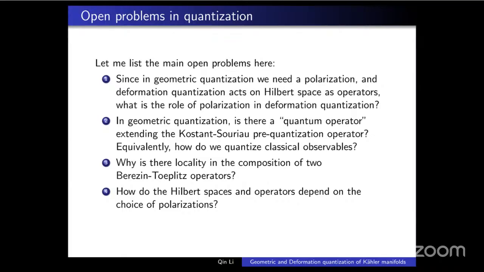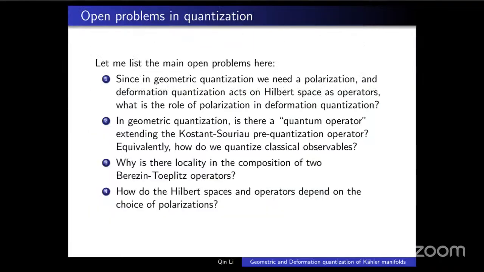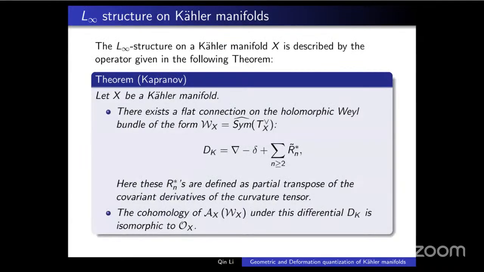You'd better have a quantization which is independent of this choice of mathematical structure. In some cases it's known. There are the so-called Hitchin connections, which can naturally relate the quantization on different choices of polarizations, but in general, this is unknown.